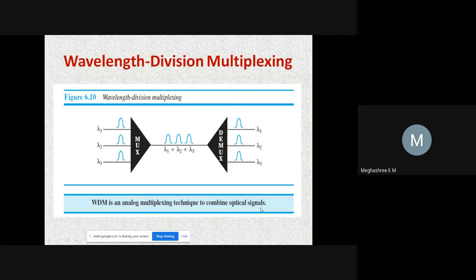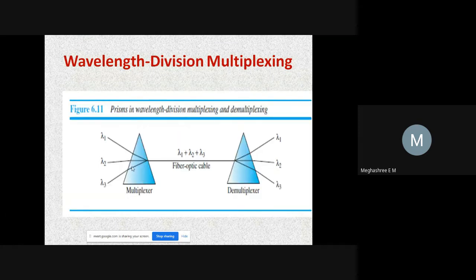Okay, so now how to implement this? See here, as you have studied in physics, the combining and splitting of light sources is easily handled by prisms, right? You might have studied this in your 11th or 12th. So the combining and splitting of light sources is actually handled by a prism.